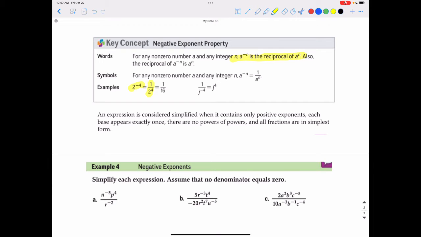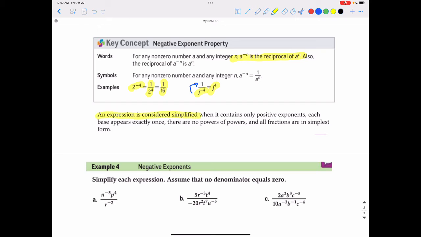I would get 1 over 2 to the 4th power, and then I can simplify that to 1/16. Or notice in this case, the j to the negative 4 is at the bottom of the fraction, so it got moved to the top of the fraction, and that becomes 1 times j to the 4th, which is just j to the 4th. So if it's at the bottom, move it to the top. If it's at the top, move it to the bottom.